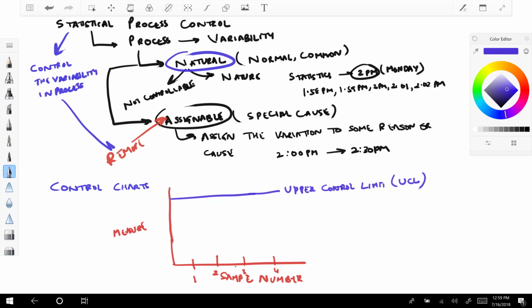From now onwards I will be writing upper control limit as UCL, and then we will have a lower control limit, that is LCL, and then we will have a center line. This is the mean.